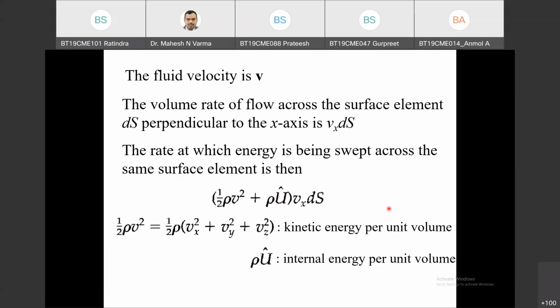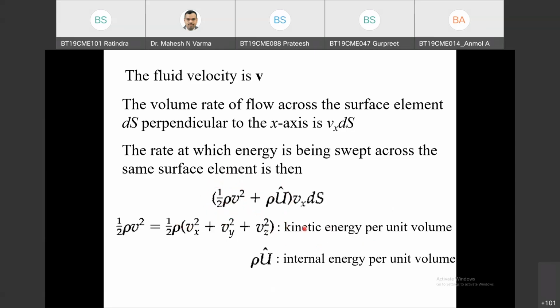You need to associate the first and second laws of thermodynamics, where you can get the relation between internal energy and specific heat at constant pressure. This was neglected at that time, but now we will consider it also, because half rho V squared is the kinetic energy per unit volume, and this will be smaller if the velocity is very small, and this is the internal energy per unit volume.